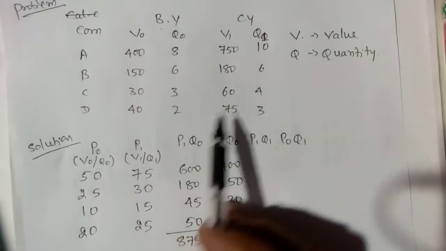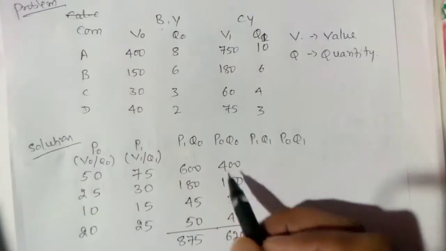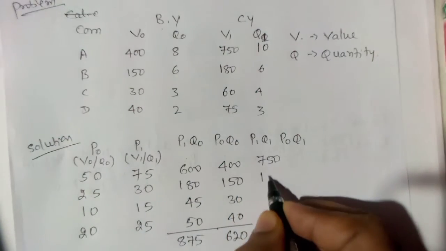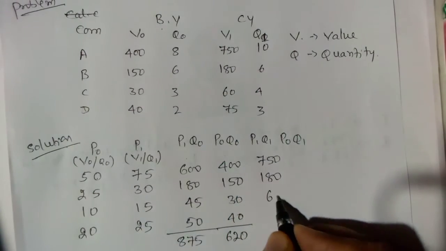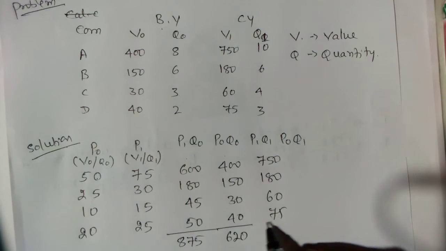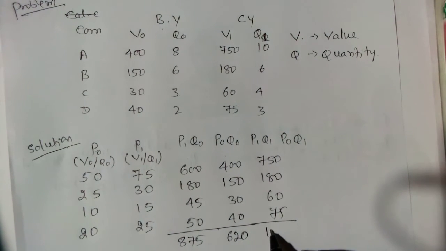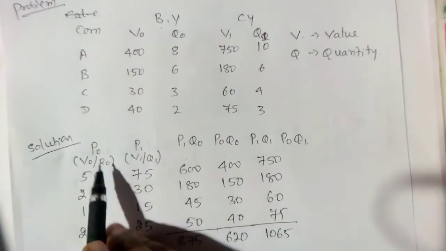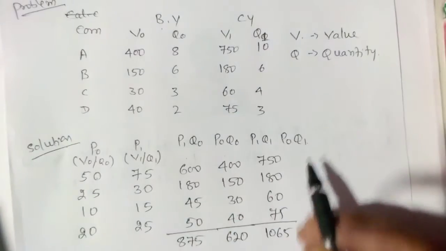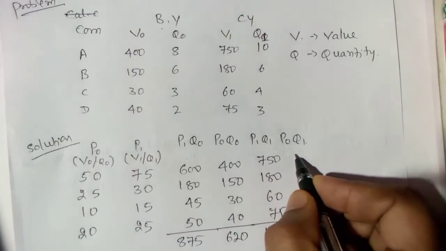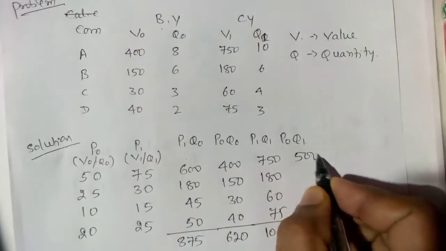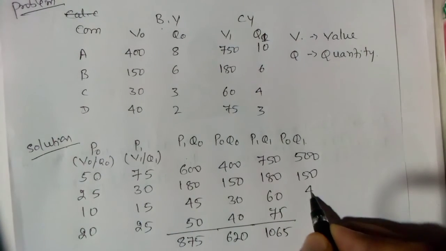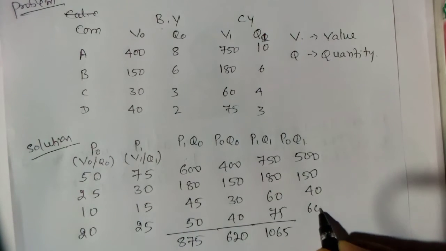This is the p1 and q1 here, 75 into 10, 750, then 180, then 60, then 75. Total it up, 1065. Then p naught q1: 50 into 10, 500, 150, 40, 60.